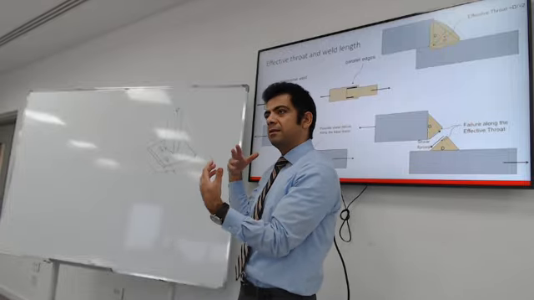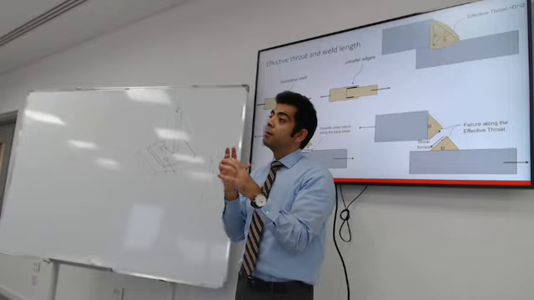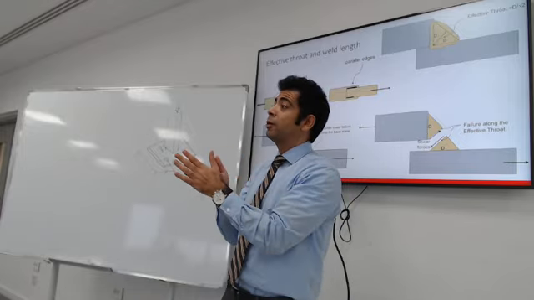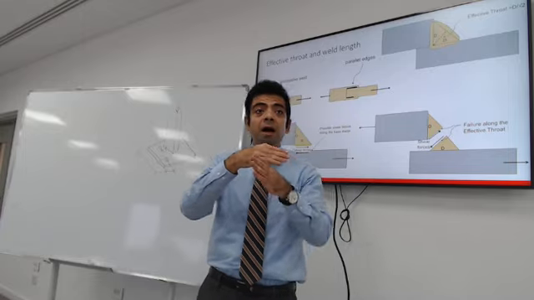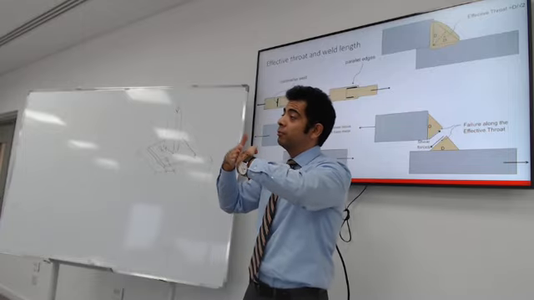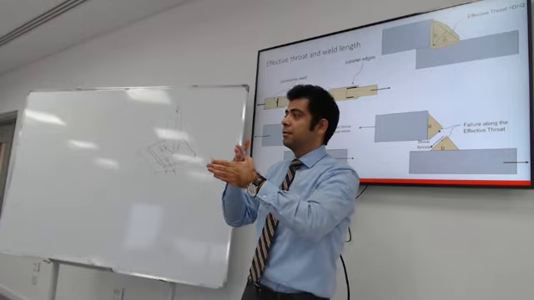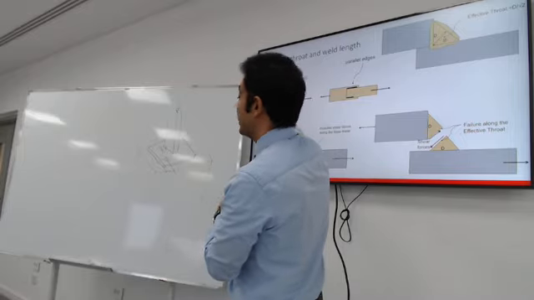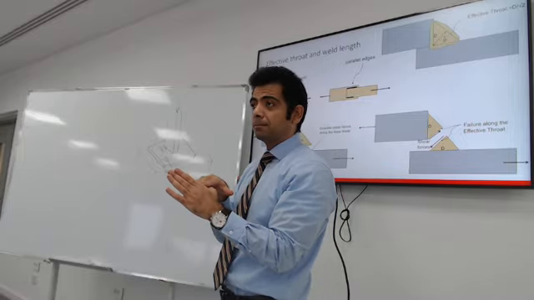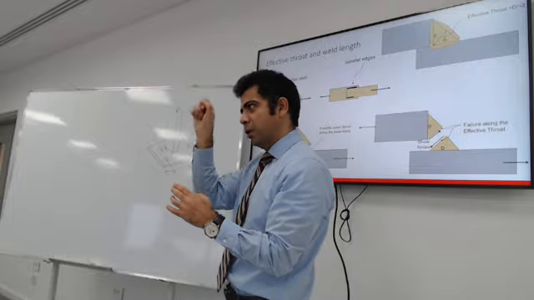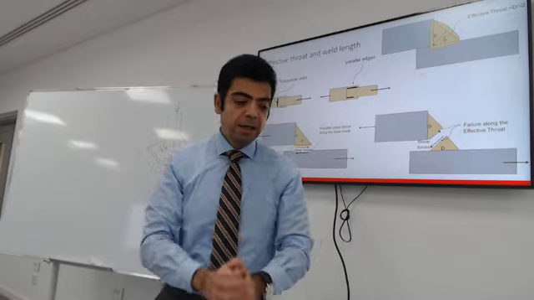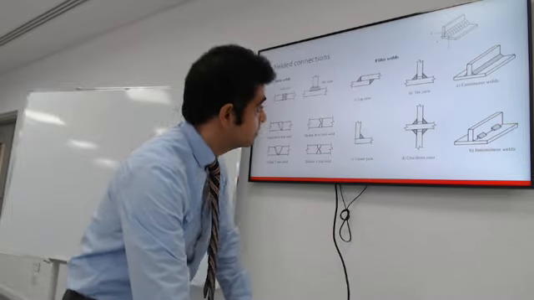Do you see the difference? The code will provide a slightly different way to calculate it, or will ask you, is your tension force alongside the length of the weld or perpendicular or transverse? So how do you know? It comes from the layout of the connection. You sketch the connection. Are you going to weld it on this side or this side? Because it will make a difference. Very important.